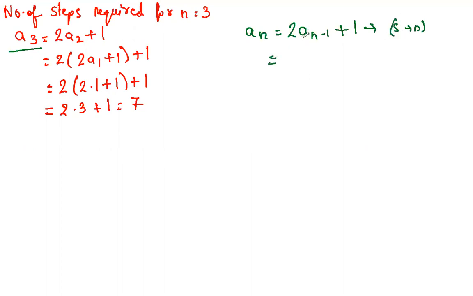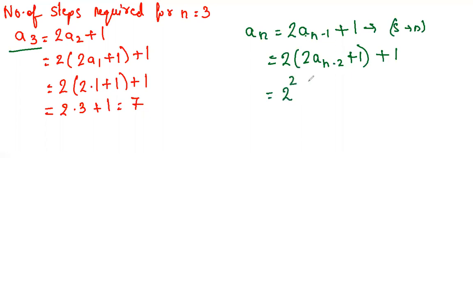Now, again, A2 can be broken up into a smaller subproblem of size 1. Similarly, we can also break A(n minus 1) into two problems of size n minus 2 plus 1 for the movement from source to the destination, plus 1.